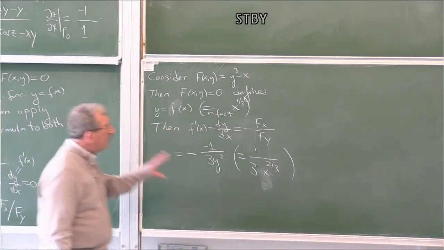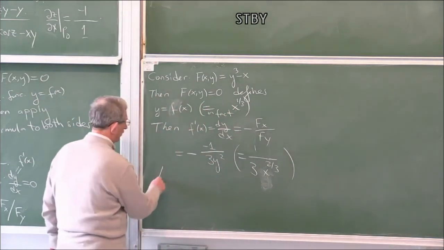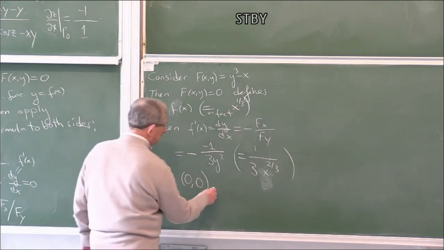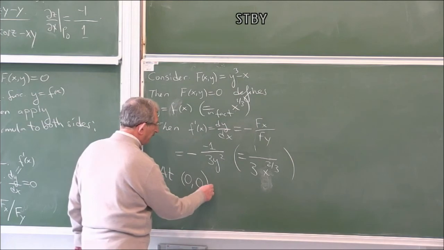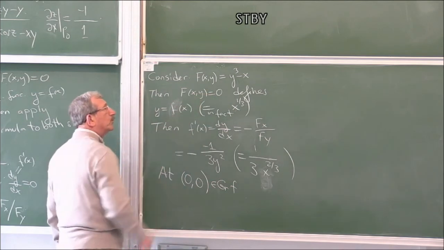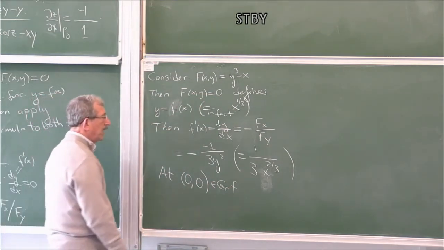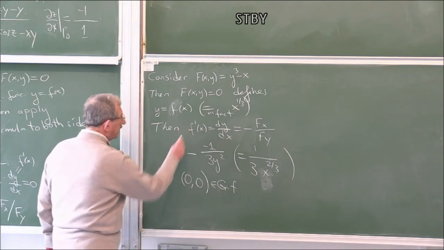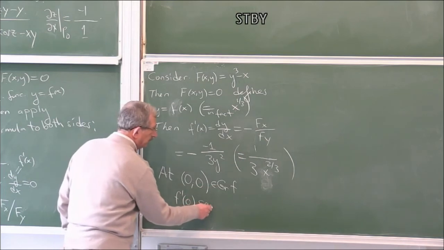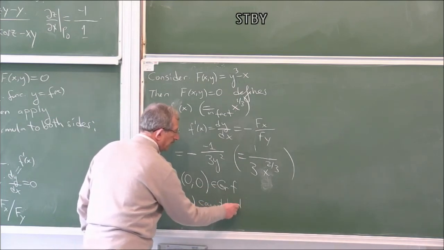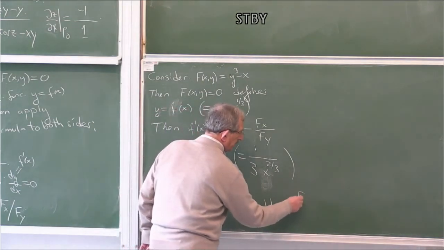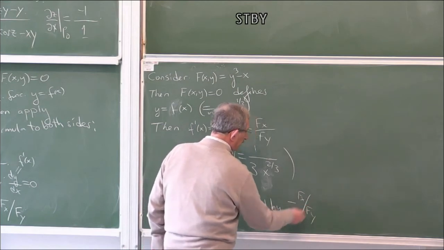Now, because at the given point, okay, this of course means that this is in the graph of f, because 0 cube root is 0. Okay? At this point, okay, the derivative cannot be defined by this formula. Because f sub y is 0.